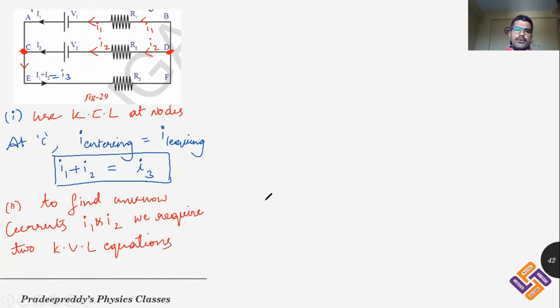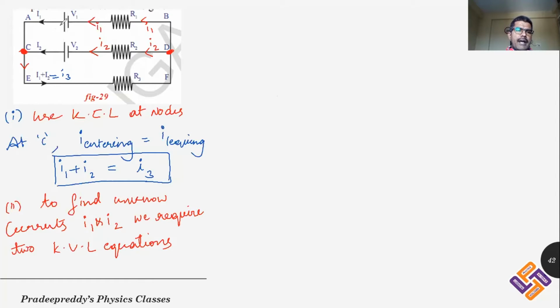You can write any two KVL equations by taking two loops. You can take loops as you wish. You can take loop either A, C, D, B, A, or A, E, D, C, like that. As you wish, you can take one. But definitely you should take two loops and write down the KVL equation.